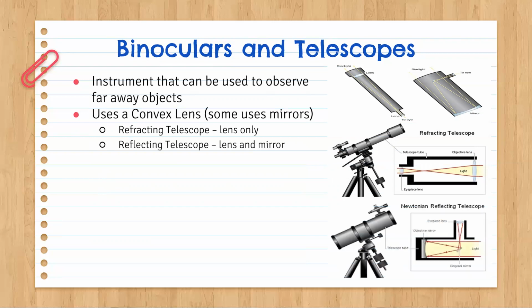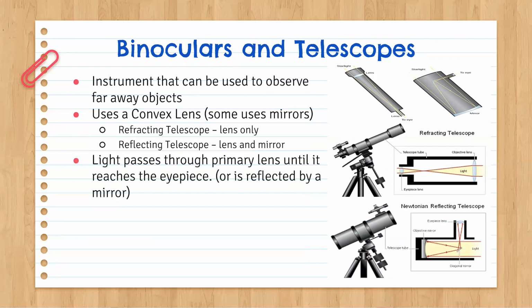Those that use both lens and mirror are known as reflecting telescopes. What happens is shown in the picture on the right. Light passes through the primary lens until it reaches the eyepiece. This is for a refracting telescope. But if the rays are reflected by a mirror towards the eyepiece, then this is a reflecting telescope.